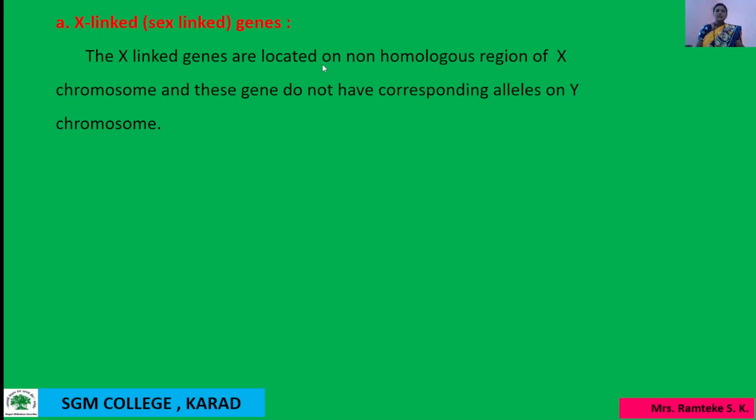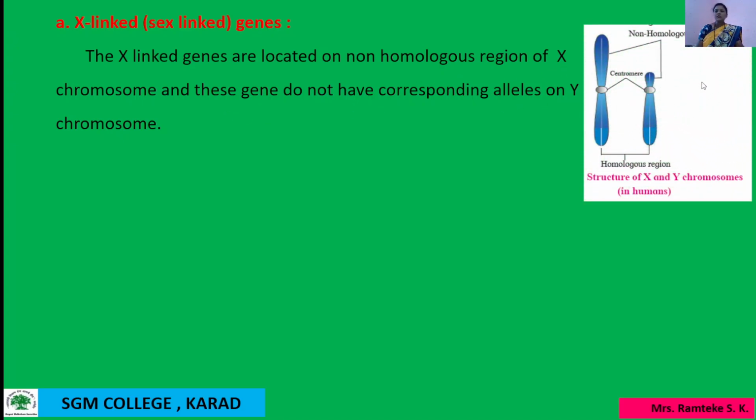What is the meaning of X linked genes? X linked genes are located on the non-homologous region of the X chromosome. Again see this diagram: the location of the X-linked gene on the non-homologous region of the X chromosome. This is the X chromosome, this is the strand of the X chromosome, and this is the non-homologous region.